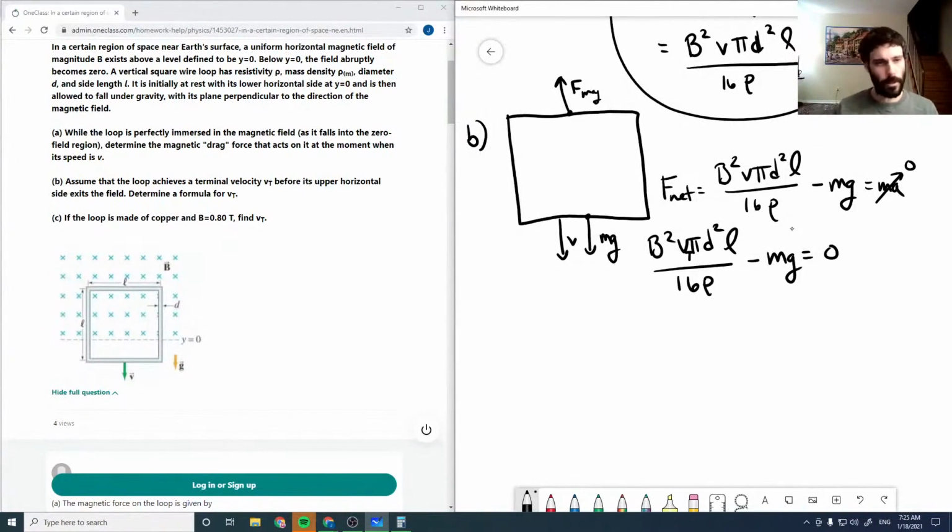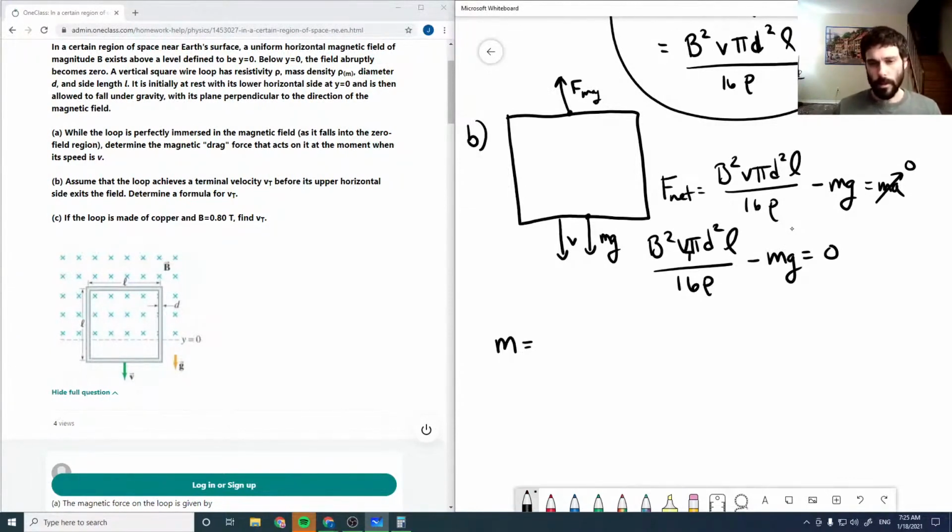So first of all, we were told that we have a mass density rho. Sorry, not a linear mass density, but a mass density rho.